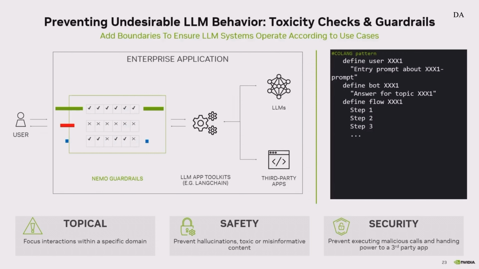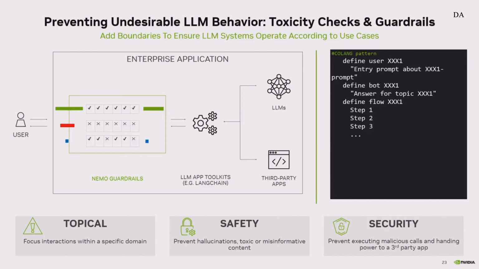Possibly we have to access a third-party app to get a result back into LangChain. And then finally the response that comes back may be all terrible, in red, and can't actually go back to the user like it is, or is mostly right and needs just some modifications in order to make it through, and that's shown in blue.